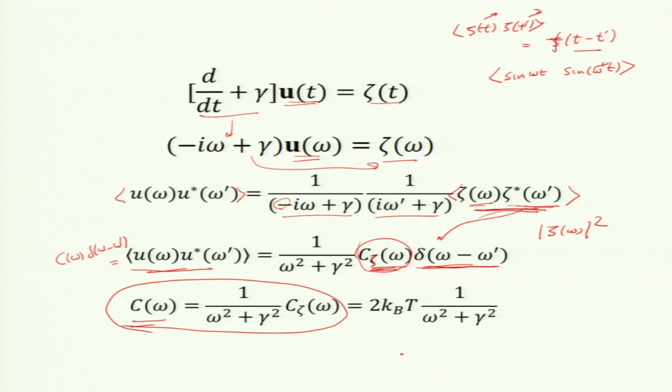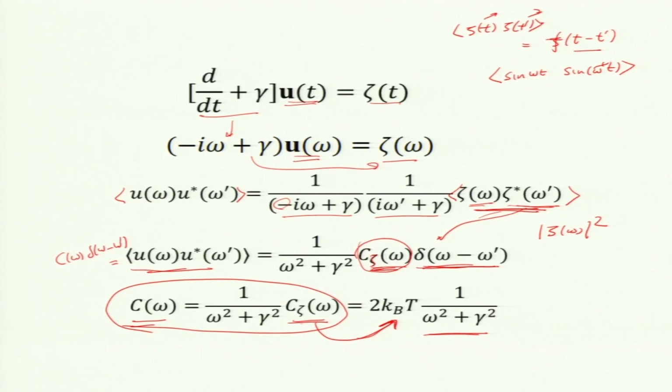Now, this part is left without proof: since it is in a heat bath, zeta represents temperature, fluctuation, noise, kicking. So, this is equal to 2 kBT, proportional to temperature, from algebra it comes out as 2 kBT. So, my correlation function for the Langevin equation is 1 over omega squared plus gamma squared multiplied by 2 kBT.